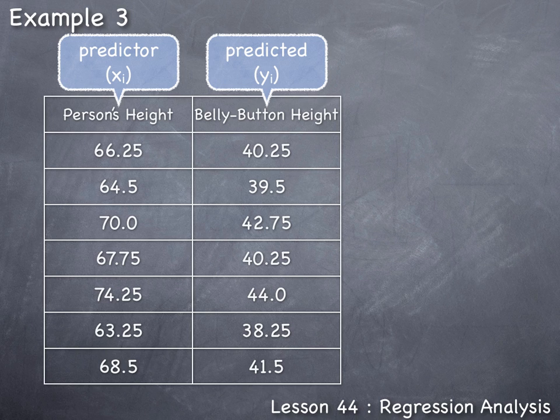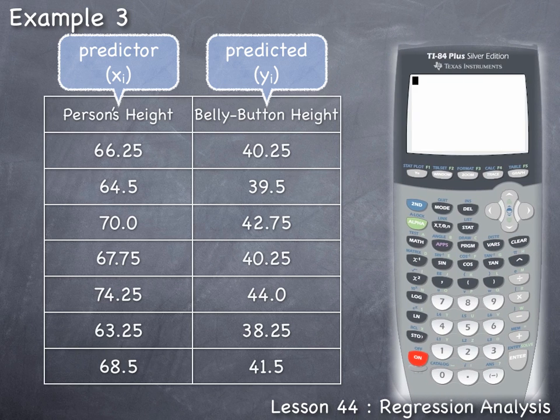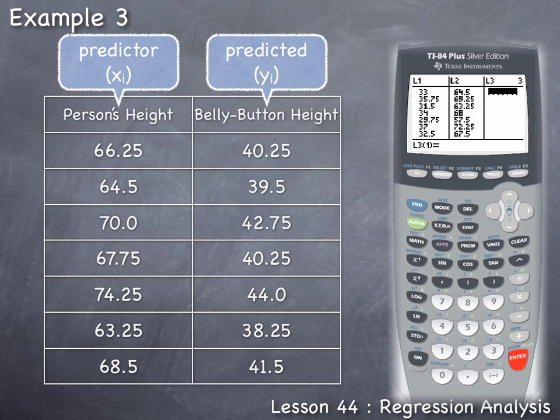We could enter this data in the TI-84 calculator by pressing Stat, Enter to enter the list editor, and then we arrow up to the list names and press Clear, Enter to clear out the old data to make room for the new data.